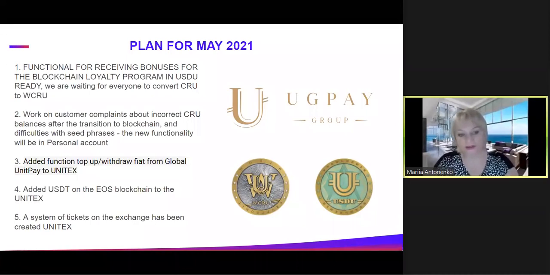Also, Global Unit Pay has the opportunity to buy USDC coins at the regular price, 1-to-1, $1, 1 USDC. It has the trading desk, you have Bitcoin, Ethereum.